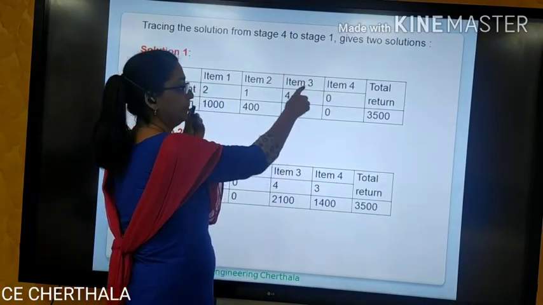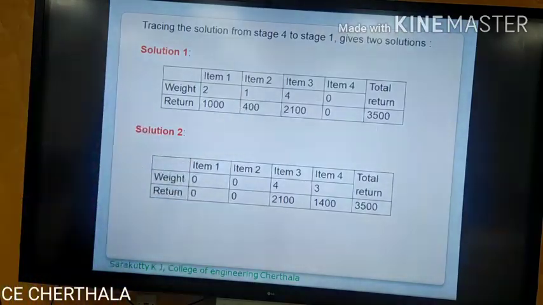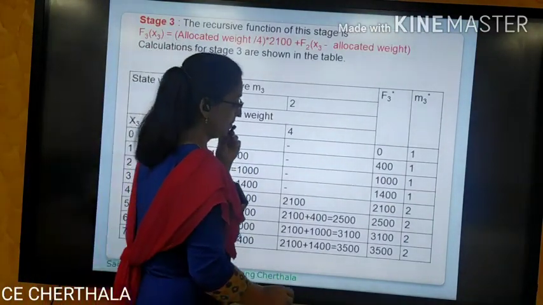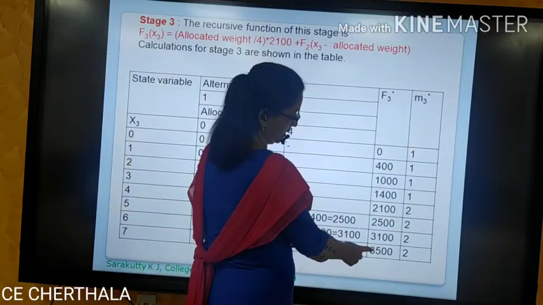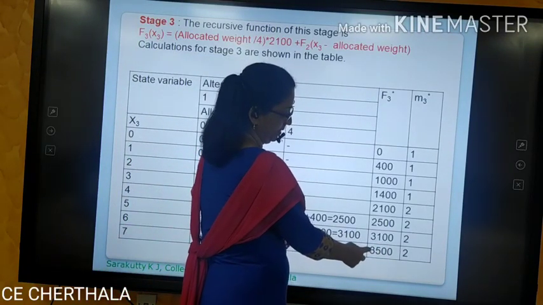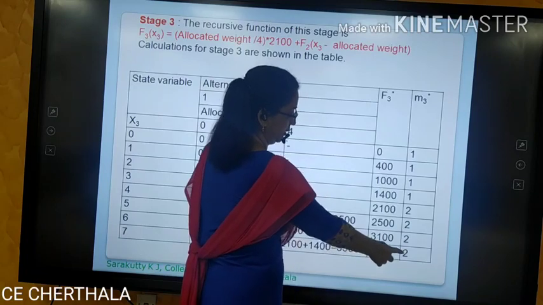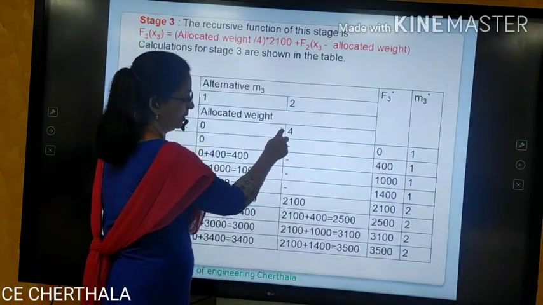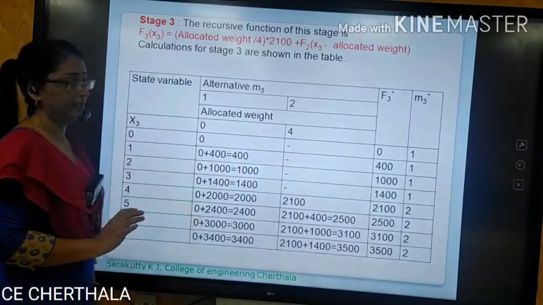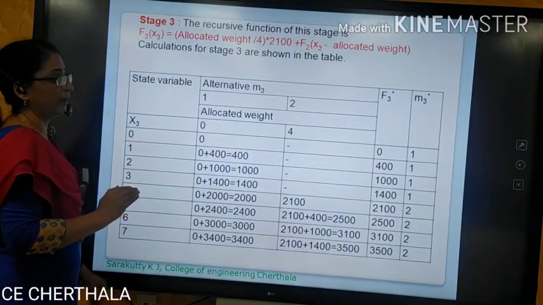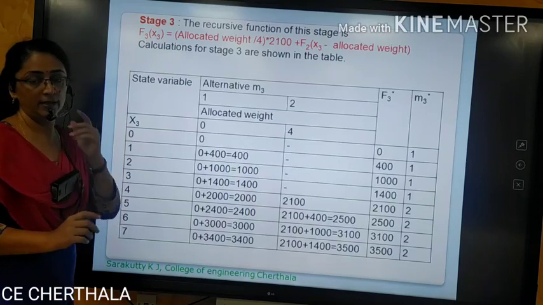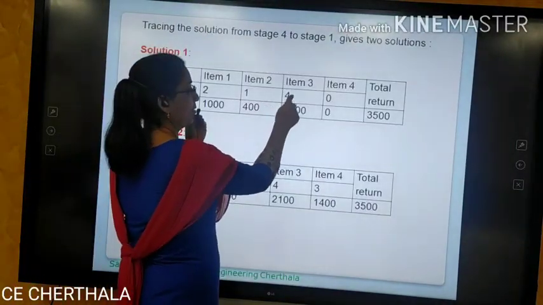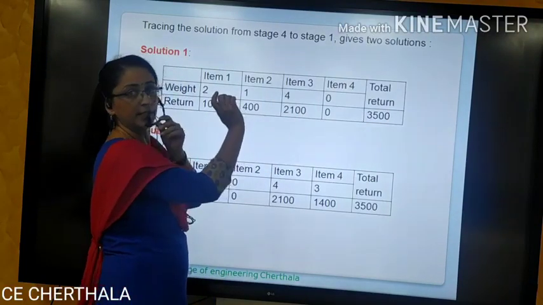Now to get item number 3, look at stage 3. In stage 3, the maximum function value 3500 is corresponding to second alternative. Second alternative is 4 ton. That means select 4 ton of item number 3.